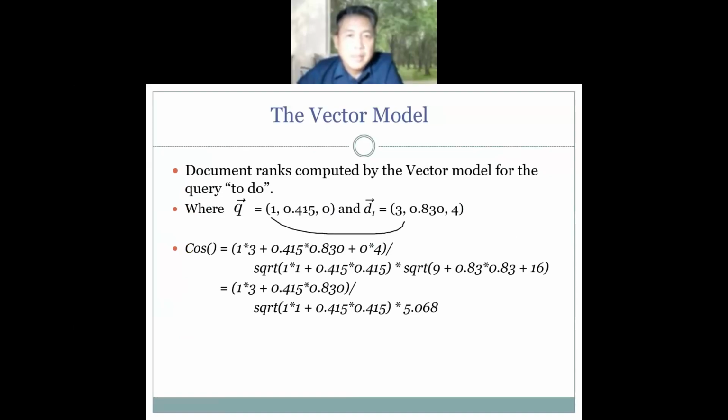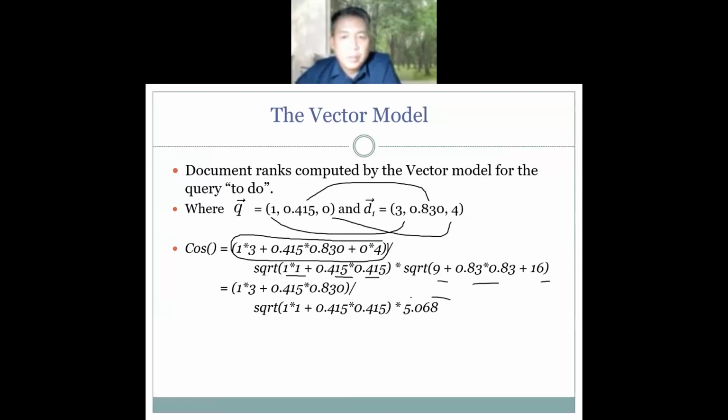We take this one times this, and this one times this, and that one times that. So that is only the upper side. This is the length of the document: square root of this times square root of this. Okay, so we get this.